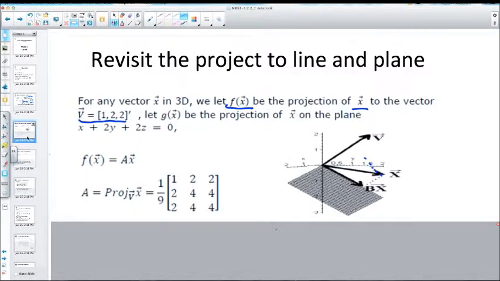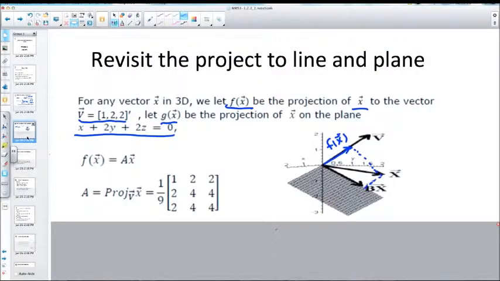This is the first, Fx. And for the second, Gx, we're going to project this X vector onto the plane. The plane equation is x plus 2y plus 2z equals 0.